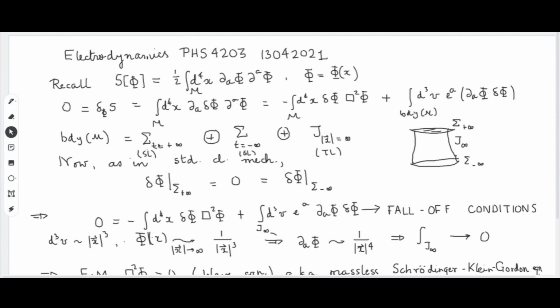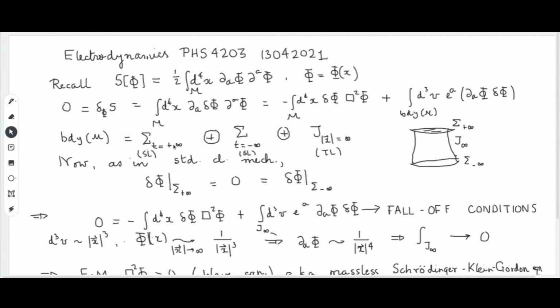The boundary I chose to be a cylinder located at spatial infinity, with the cross caps of the cylinder being space-like surfaces, sigma t equal to plus infinity, the final time, and sigma t equal to minus infinity, the initial time, plus the body of the cylinder, which is at spatial infinity, a time-like surface. So these two are space-like surfaces, and this is a time-like surface. This particular property we discussed in class the last time.